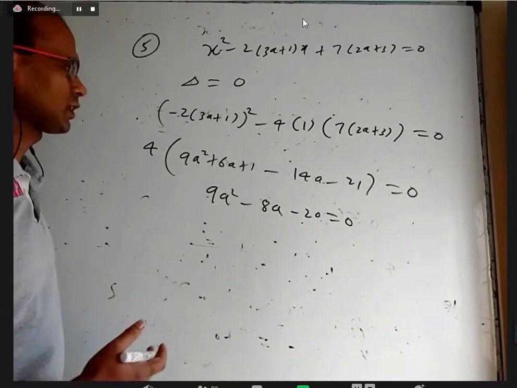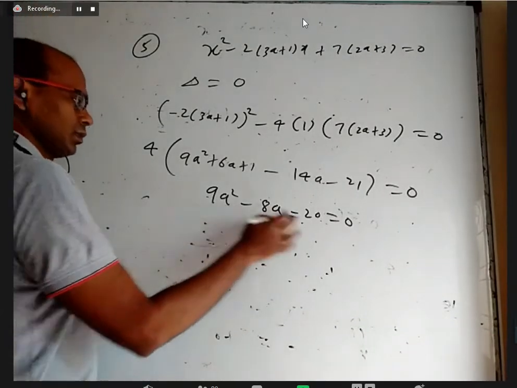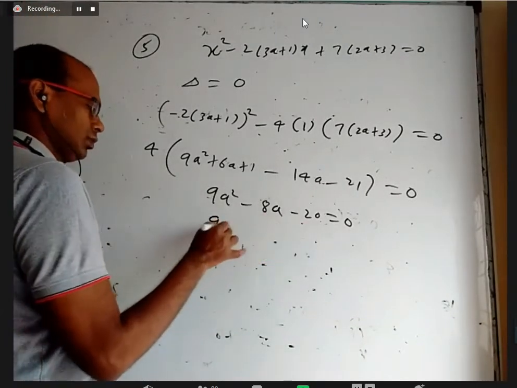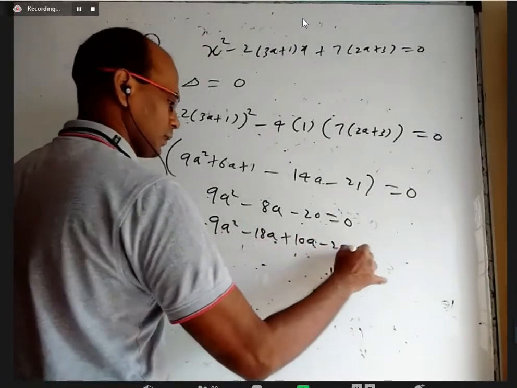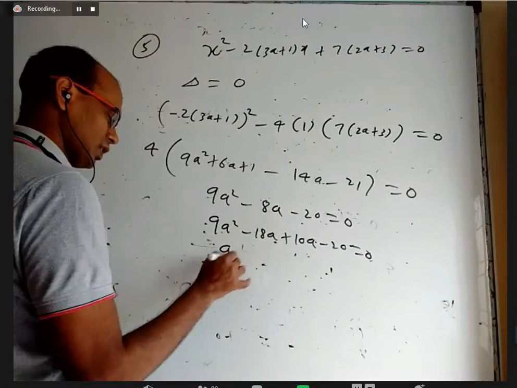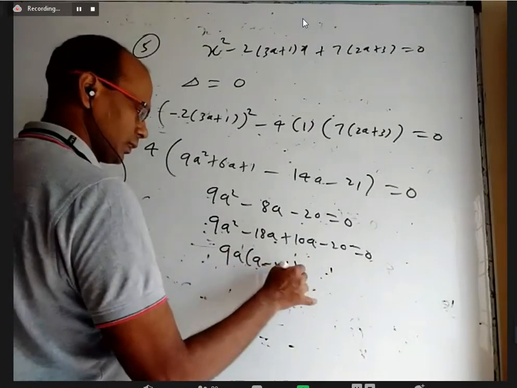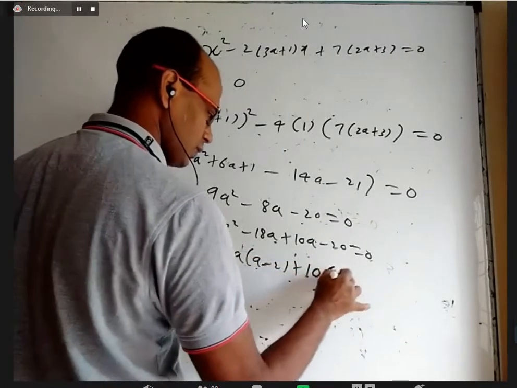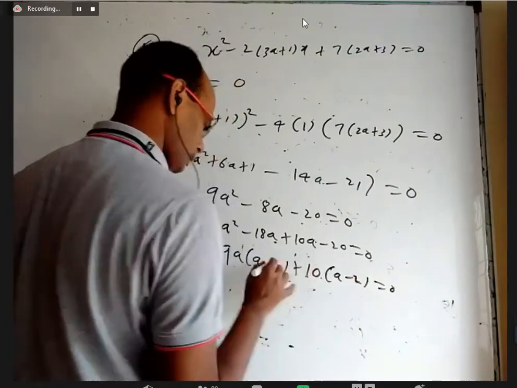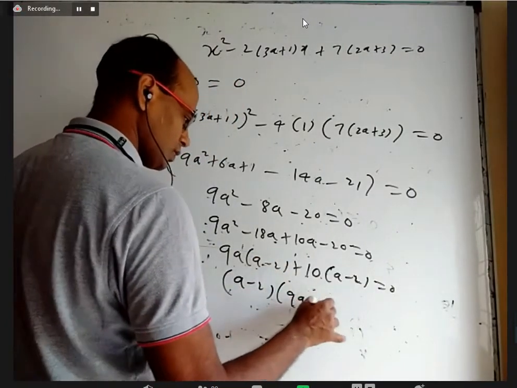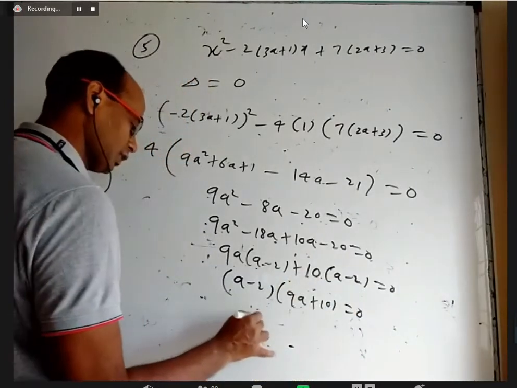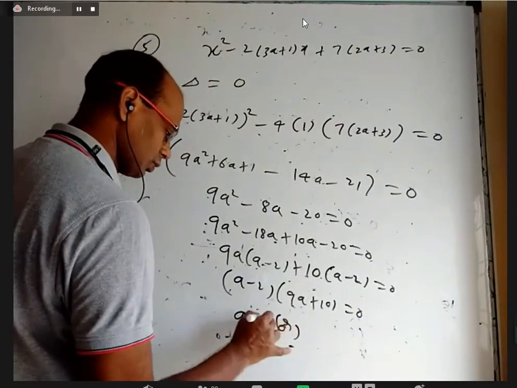Can we split the middle term here? 9a square plus 10a minus 18a minus 20. So that is 9a into (a minus 2) plus 10 into (a minus 2). If you take (a minus 2) common, (9a plus 10), so a is equal to 2 or minus 10 by 9.